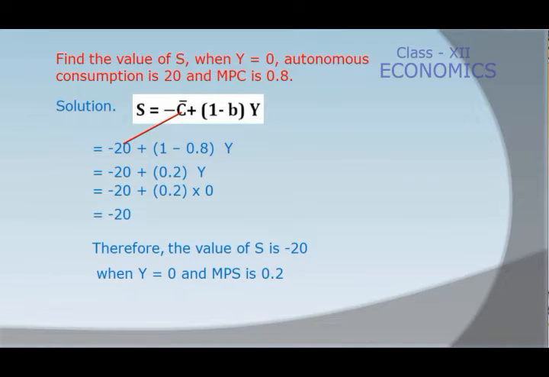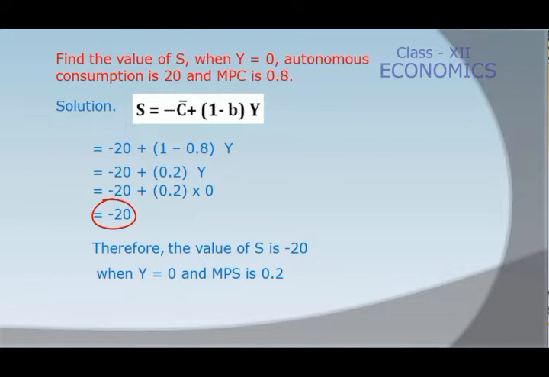So we can write minus 20 plus 1 minus 0.8, that is MPC. When we subtract MPC from 1, it is the value of MPS. Then we multiply by the value of Y, that is 0. So at last we get minus 20 plus 0.2 into 0, which gives the value of minus 20.